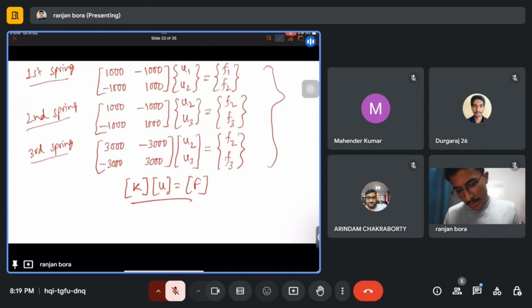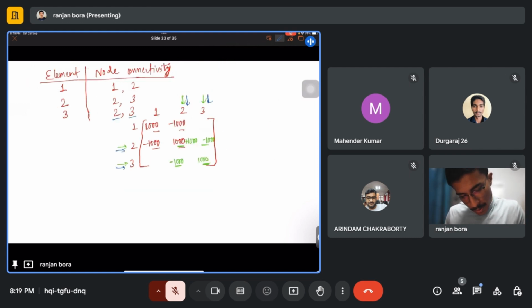Third spring it was 3000, minus 3000, so it will be plus 3000, minus 3000, minus 3000, plus 3000, and the remaining elements will be put as 0. So this is the stiffness matrix.